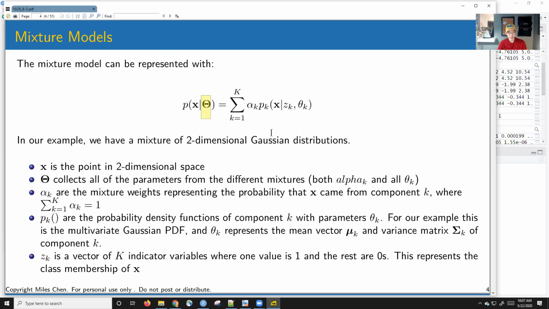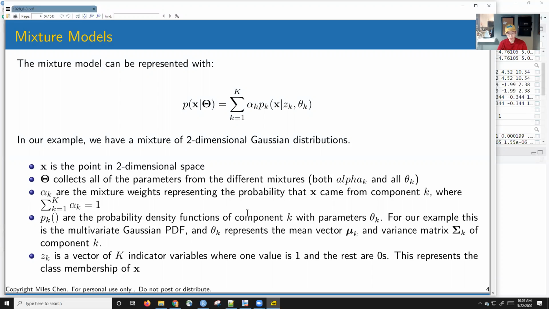The alpha sub k's are the mixture weights representing the probabilities that x came from component k. As we saw, the sum of the alphas add up to 1. So alpha is the mixture weights of each component. P sub k are the probability density functions of component k with parameters theta sub k.